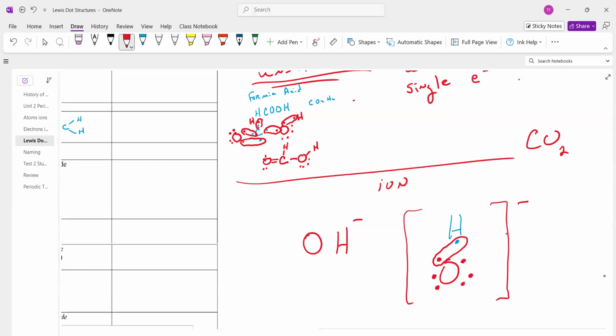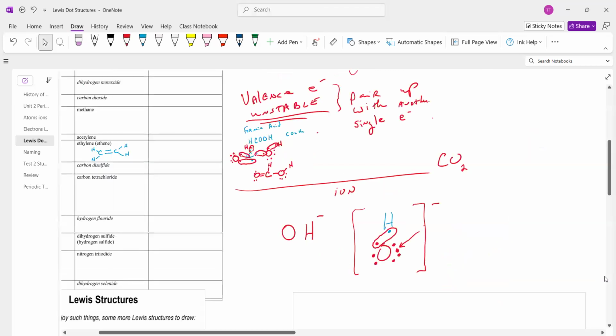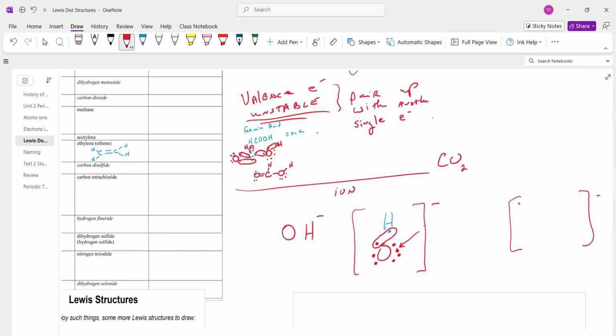Okay, so this one extra electron now is going to go there. So now there are no unpaired singletons. So redraw it.